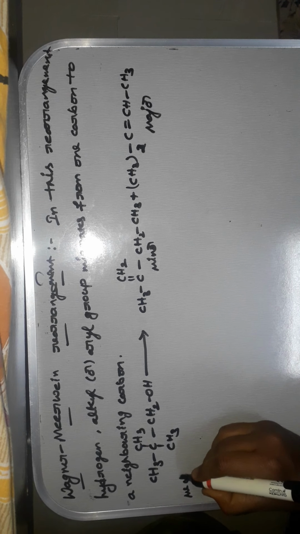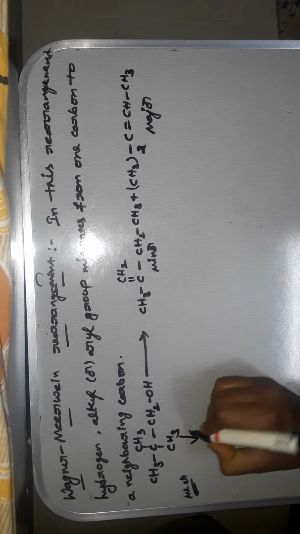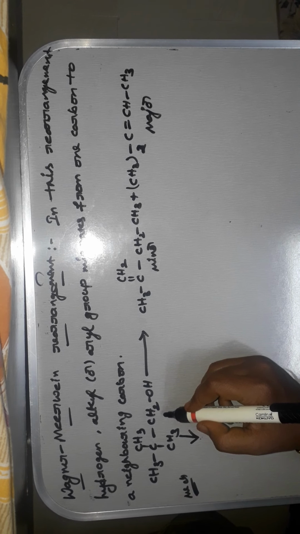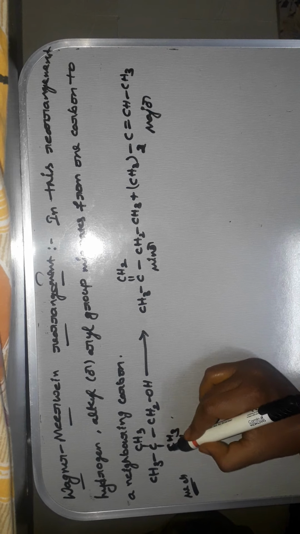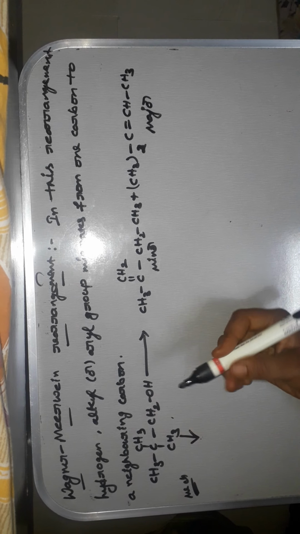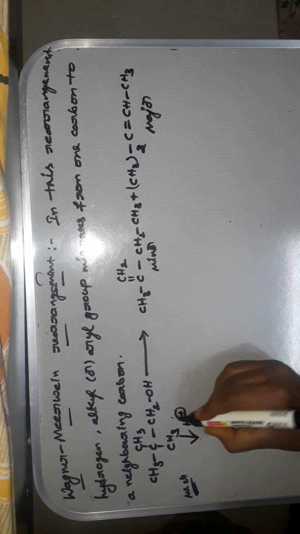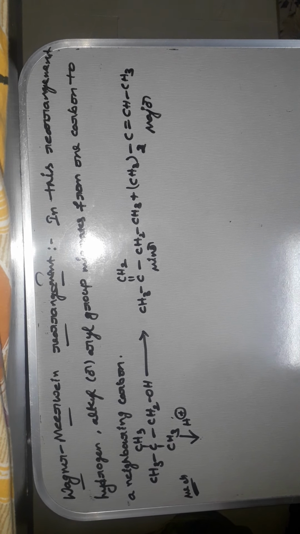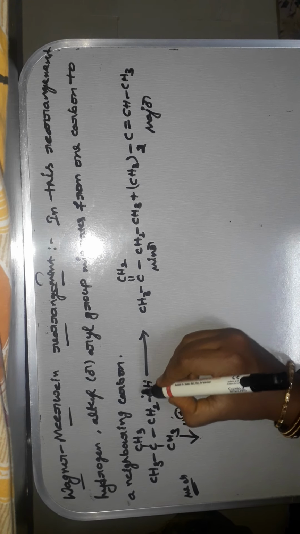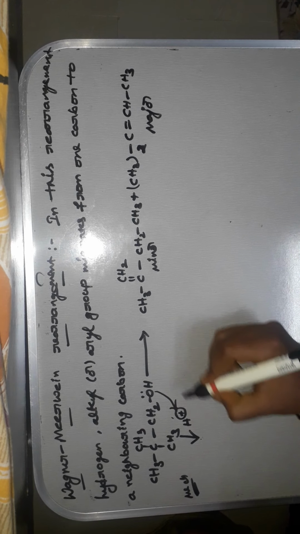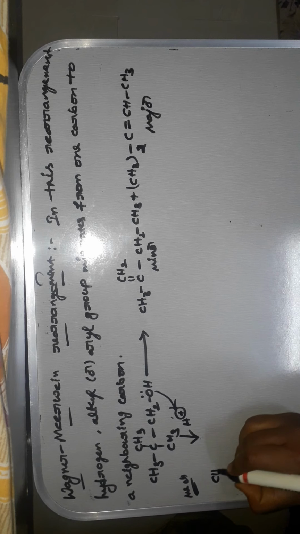Mechanism: we are taking this alcohol, which is not a neopentyl alcohol, it is isobutyl alcohol. We are taking isobutyl alcohol, which is on reaction with H plus in presence of acid. The lone pair of electrons on the oxygen atom abstracts these hydrogens, which undergoes protonation.